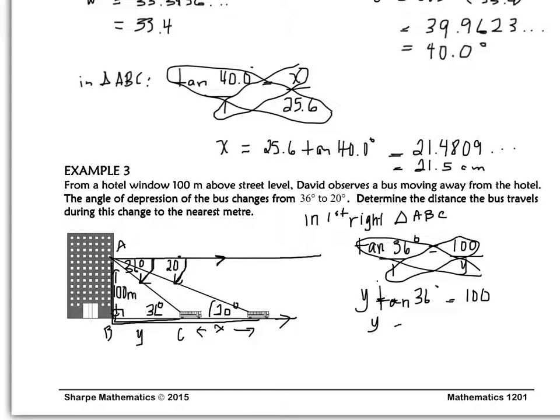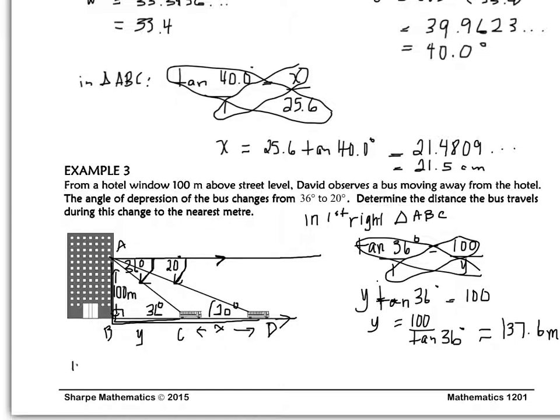So therefore y would equal 100 divided by tan of 36, which is 137.638. So I'm just going to round that to 137.6, and that would be in meters. And then we would look at the bigger right triangle.